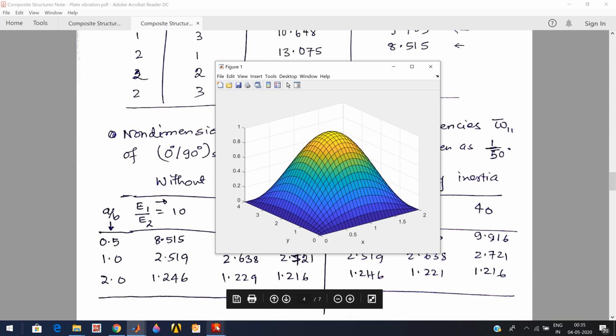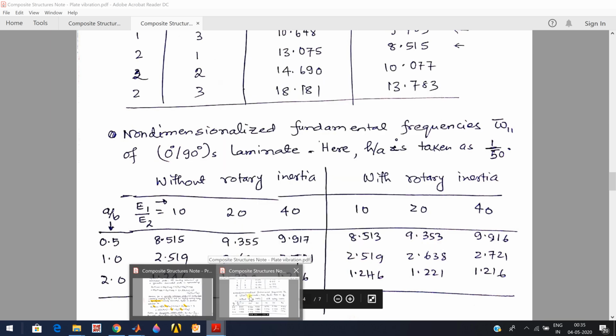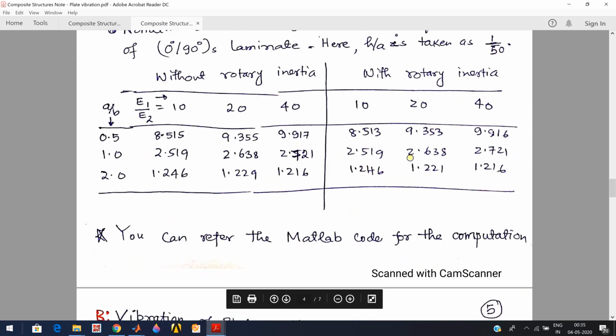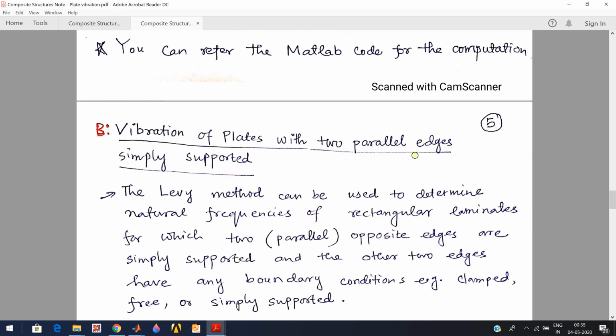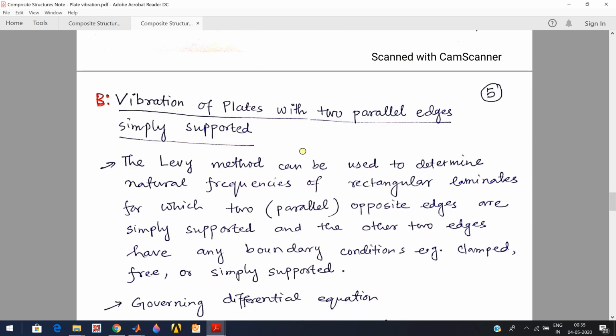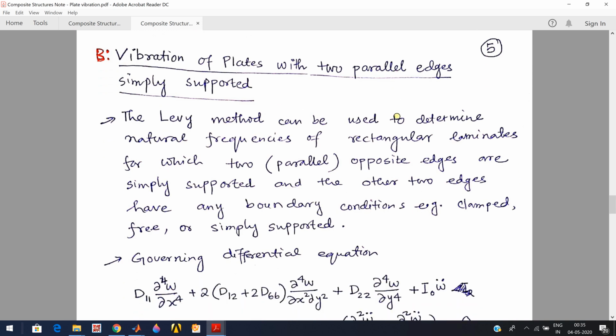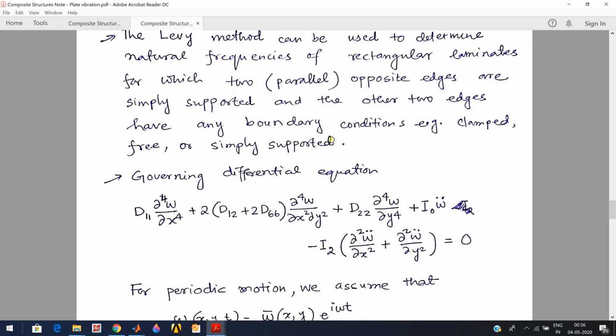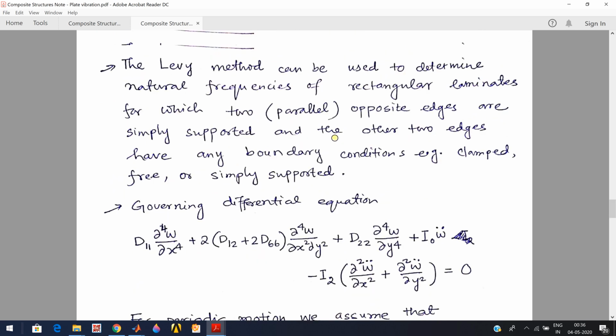Okay, now let me quickly show you how the other boundary condition is handled using the Levy method. We can quickly go through this. Again, you can refer to the bending of laminated plates, and for the vibration we will also proceed in a similar manner.